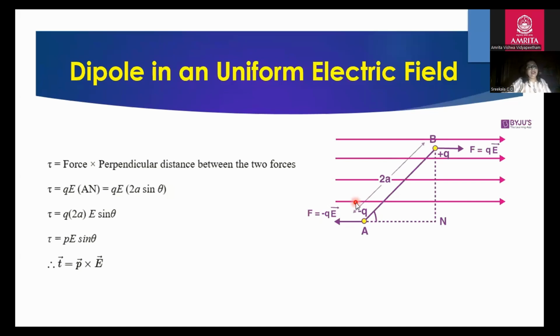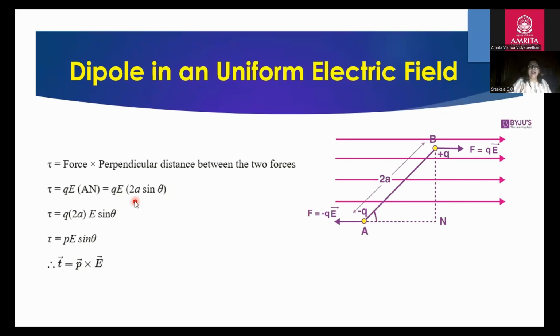Torque tau is equal to force times the perpendicular distance between the forces. Here the force is Q times E, and the perpendicular distance is the distance between these two charges, that is AN.